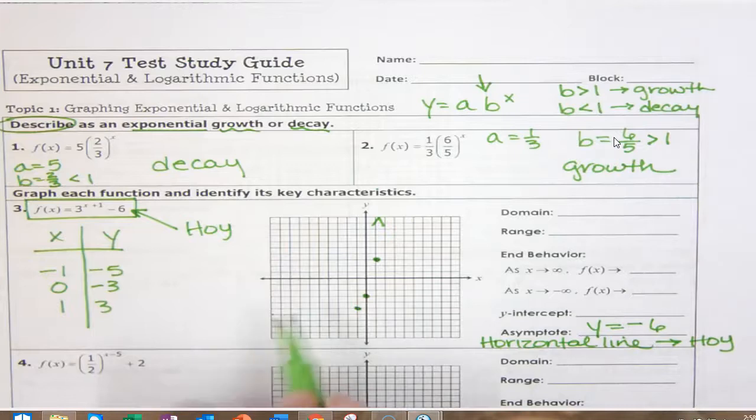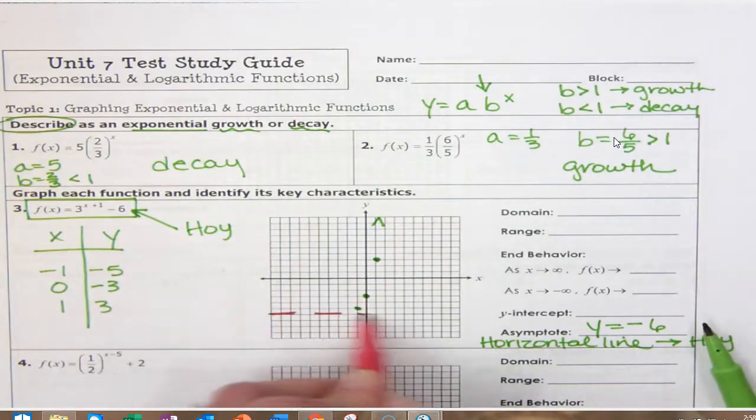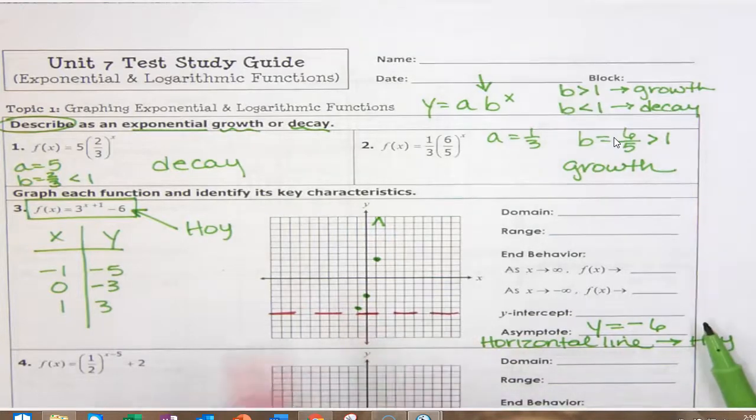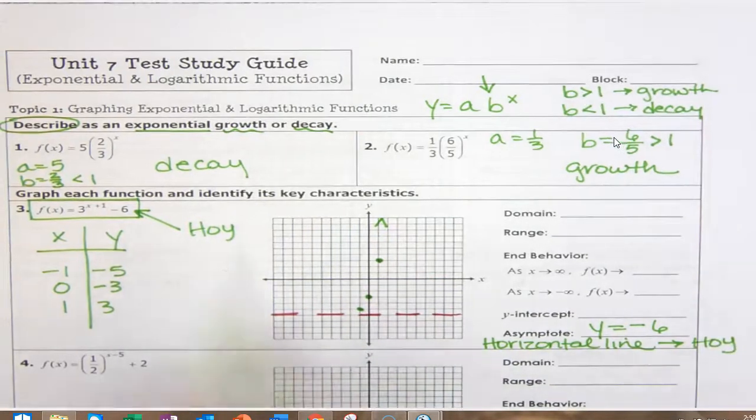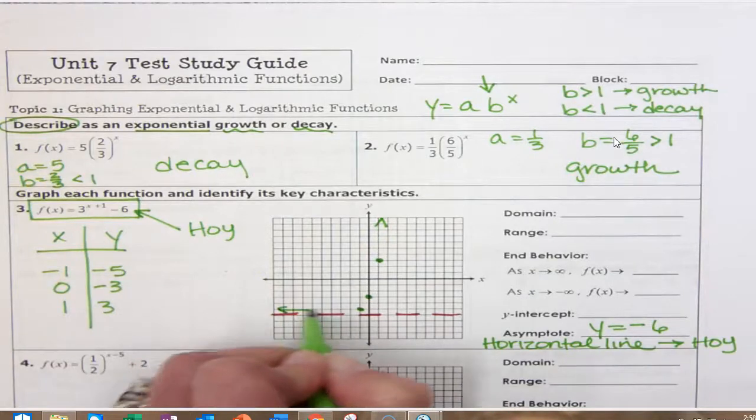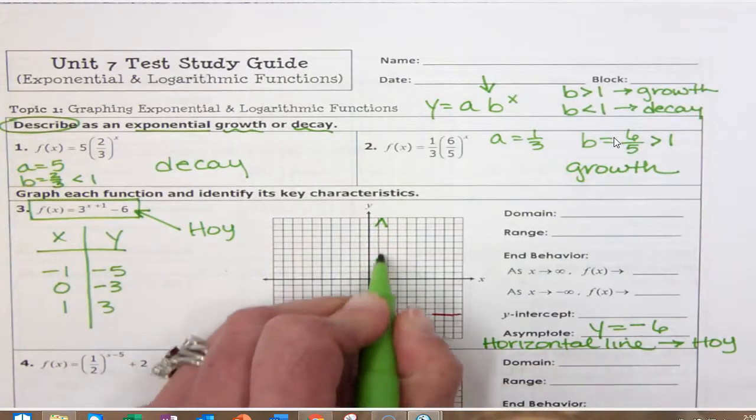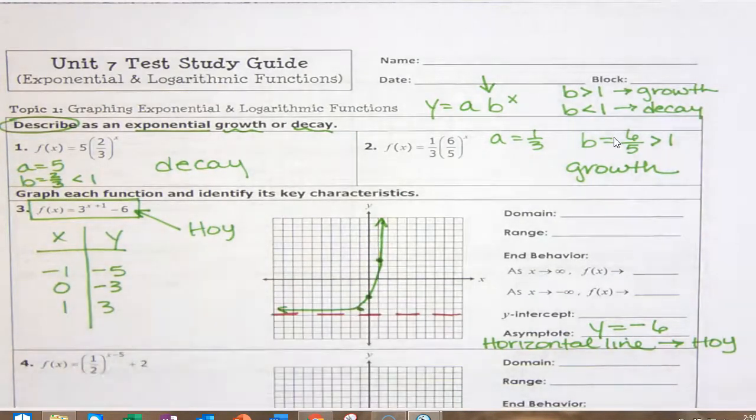So at -6, I'm going to draw my asymptote, a horizontal line right at -6. And then when I graph my graph, that graph is going to run right along that horizontal asymptote. If nothing else, at least do that.